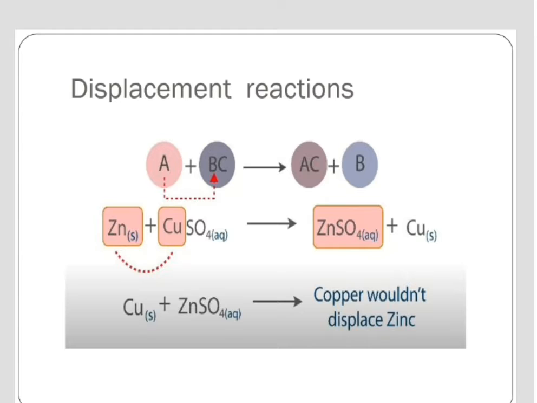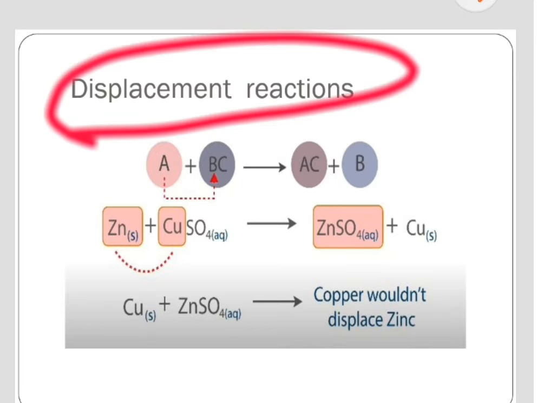Next point is displacement reactions. A single displacement reaction is a chemical reaction in which one element replaces another element in a compound.